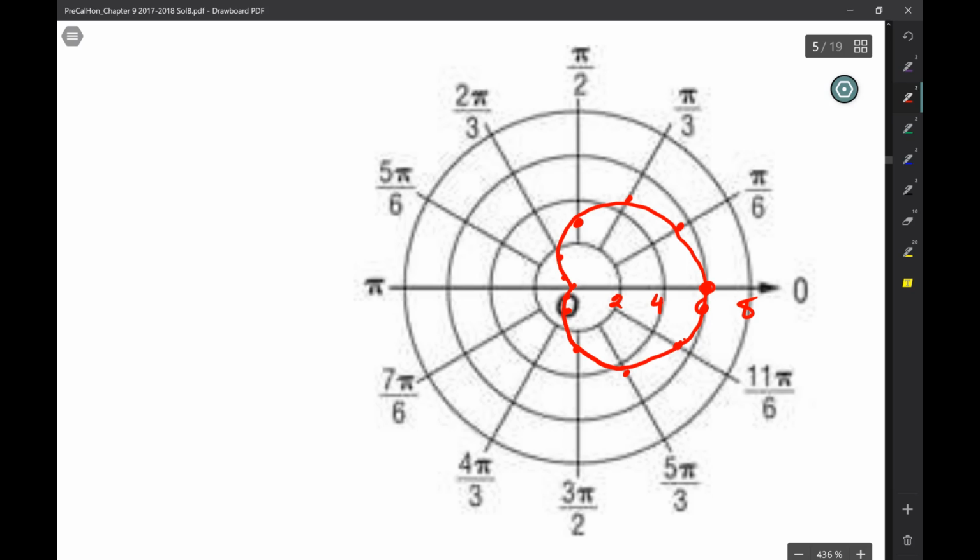This is the case when you have a plus b cosine theta, and a and b are equal. So you see how there was a dimple in here, right? Because as you approach here, the radius starts from a maximum and goes to 0. So you're going to think about that distance as a radius from the origin.